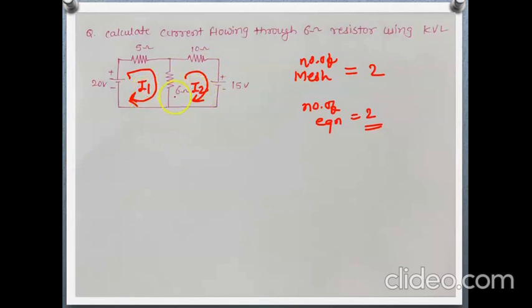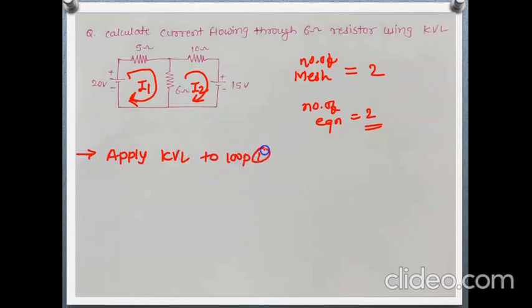And the current flowing through the 6 ohm will be either I1 minus I2 or I2 minus I1, according to the magnitude we get. So the first step is to apply KVL to loop number 1.